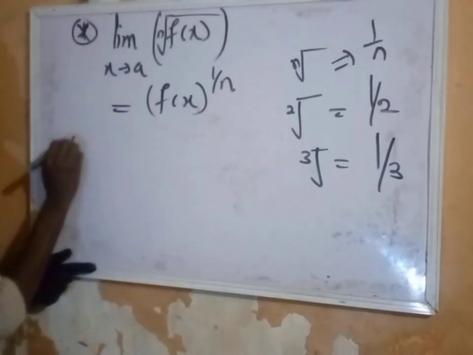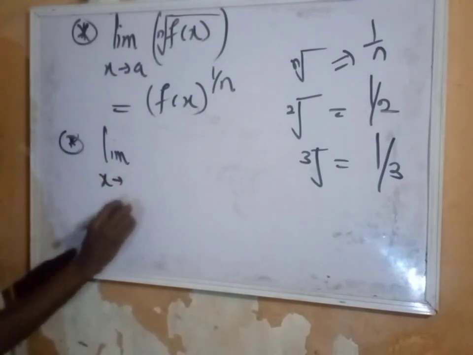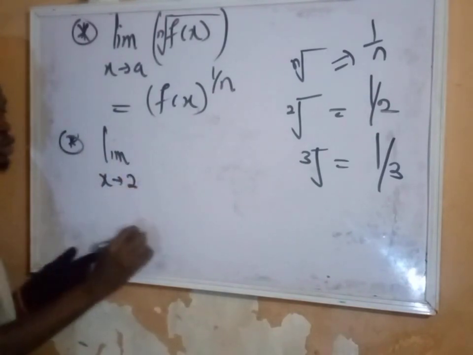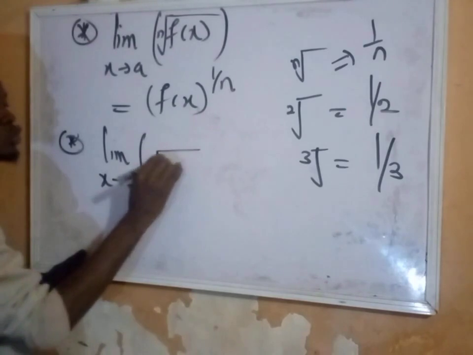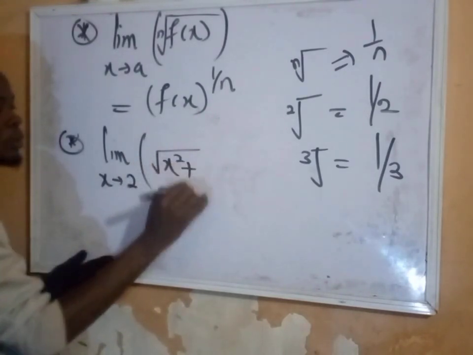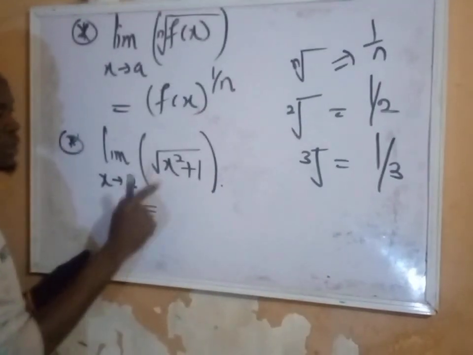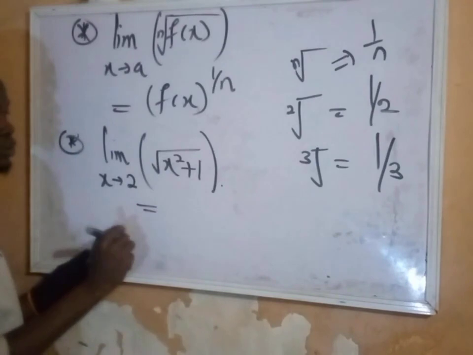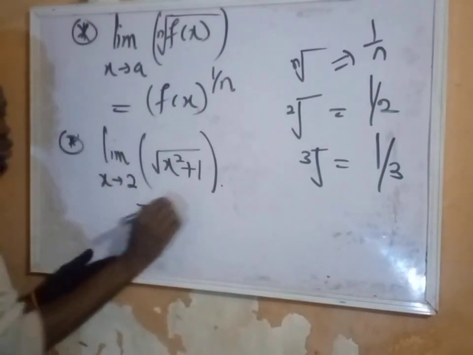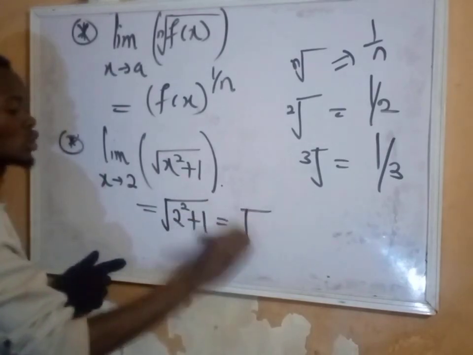Let's say for example, if you are asked to find the limit as x tends to 2 of root of x squared plus 1. To find this, whenever you have x, just replace x with 2. So here we have 2 squared plus 1 under the square root.